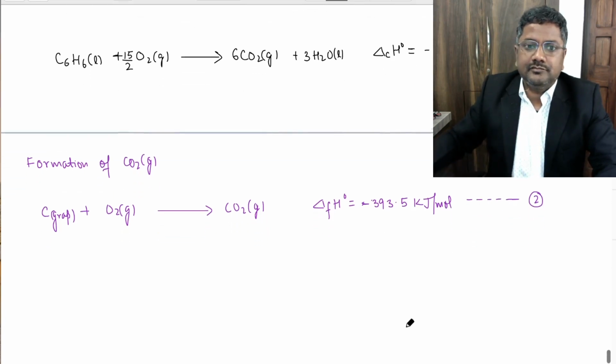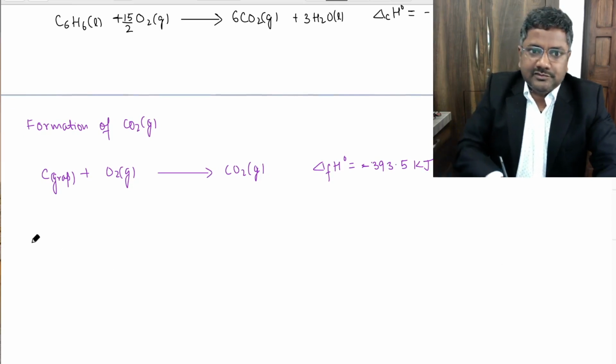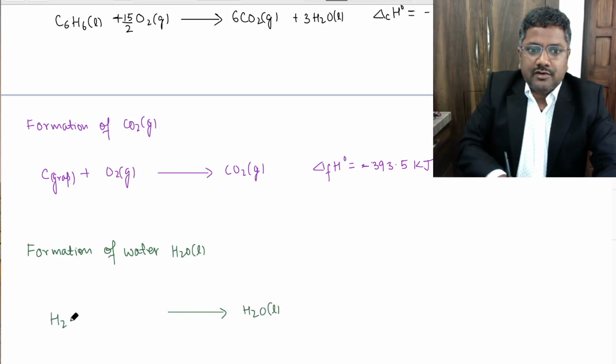Okay, now next is the formation of water. Formation of water, H2O liquid. The most stable form of hydrogen is H2 gas, and of oxygen is O2 gas.